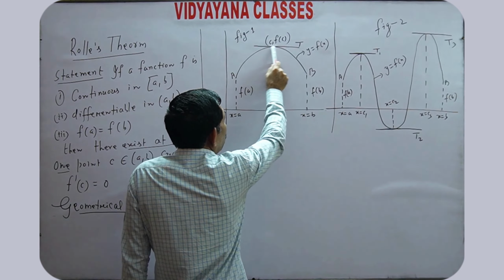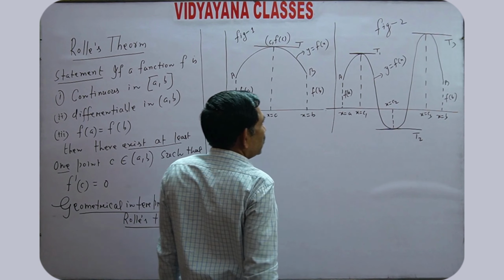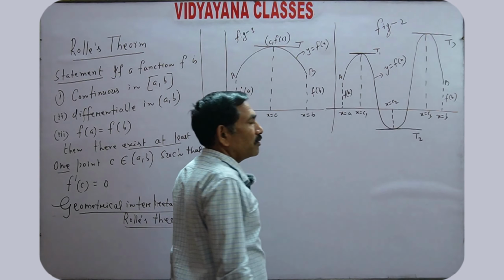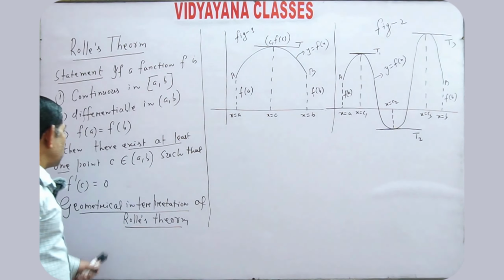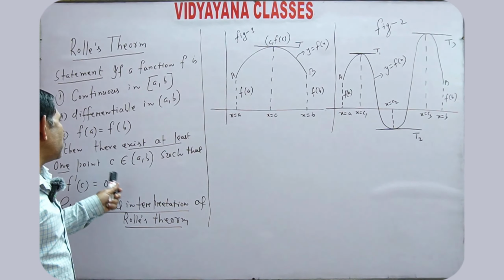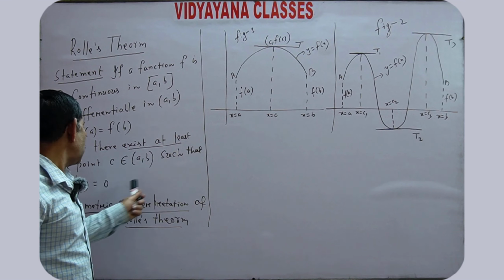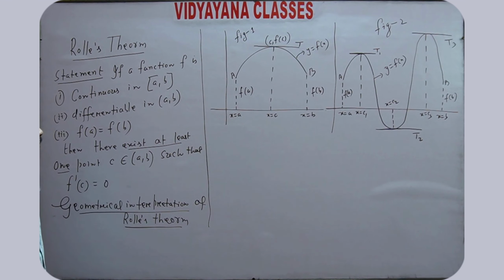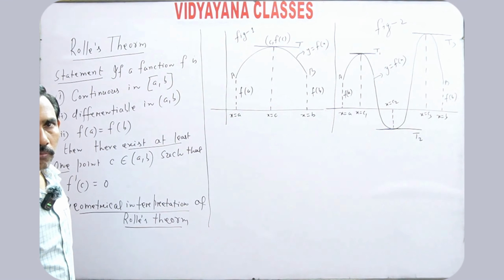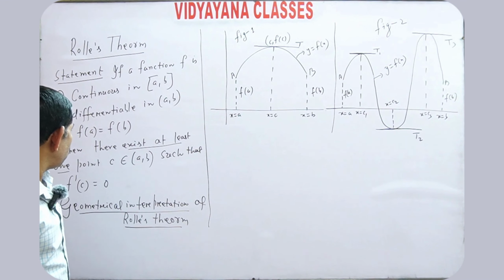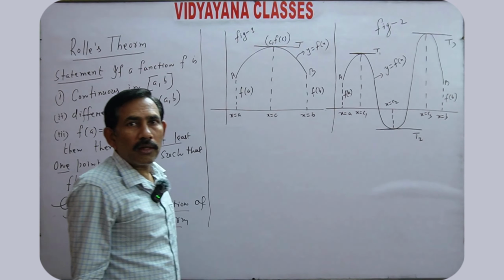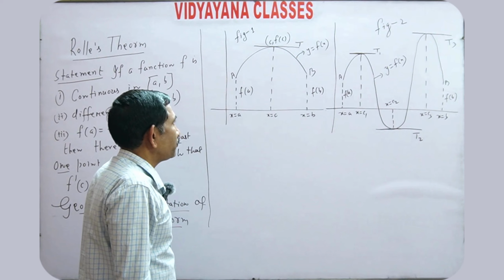Here only one tangent parallel to x-axis. In figure 2 there are 3 tangents parallel to x-axis. At least one point, one or more than one, where the tangent is parallel to x-axis. Clear?